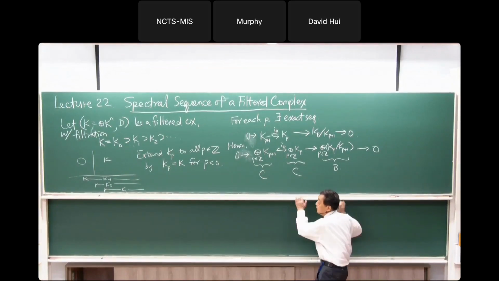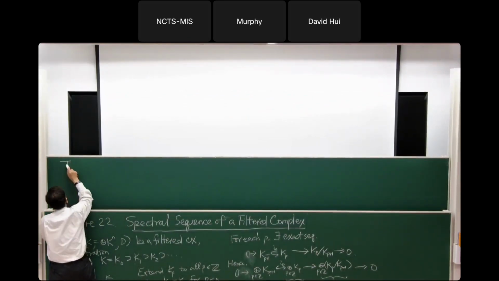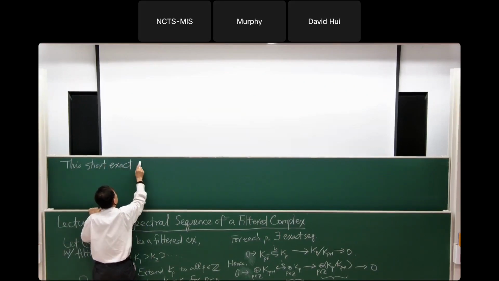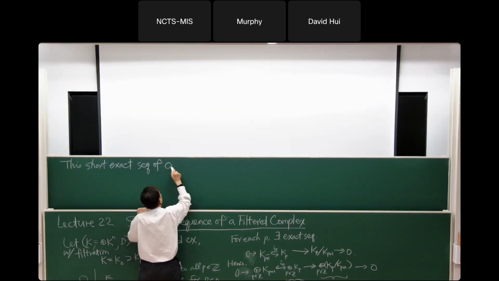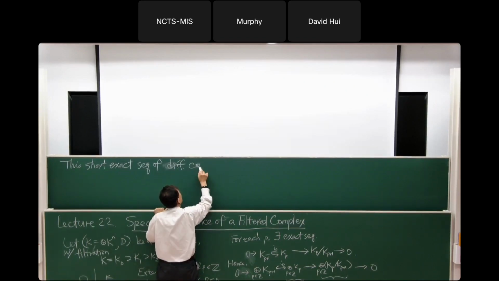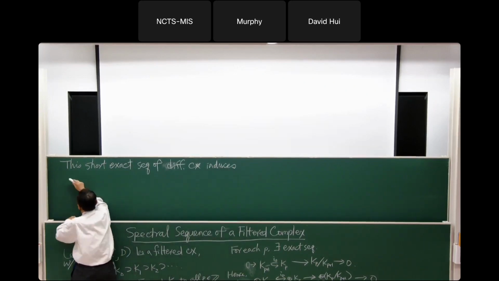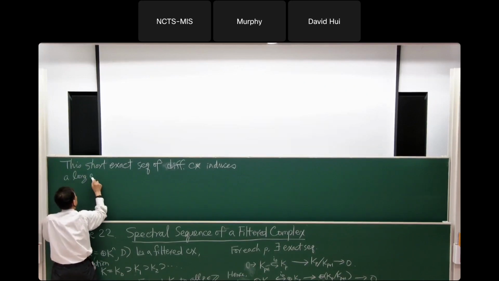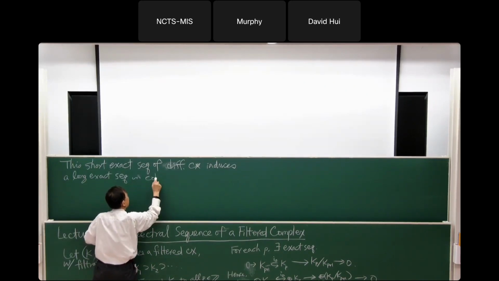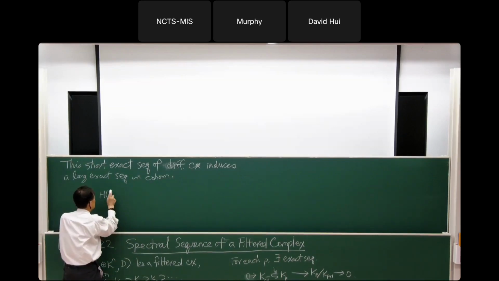So this short exact sequence of differential complexes induces a long exact sequence in cohomology that I can arrange as a triangle.